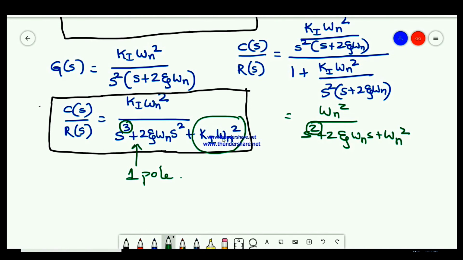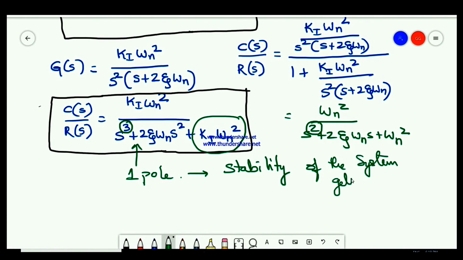As the number of poles has increased, the stability of the system gets reduced. This is the major drawback of the integral controller.